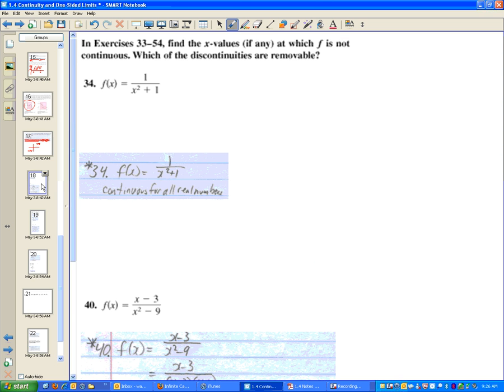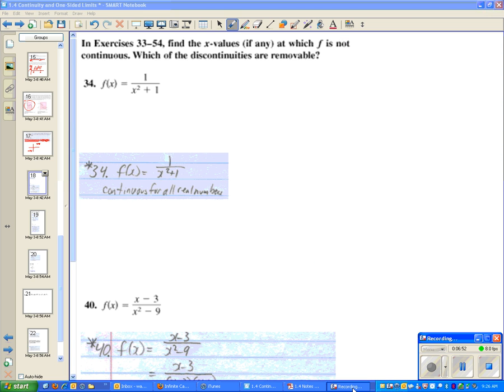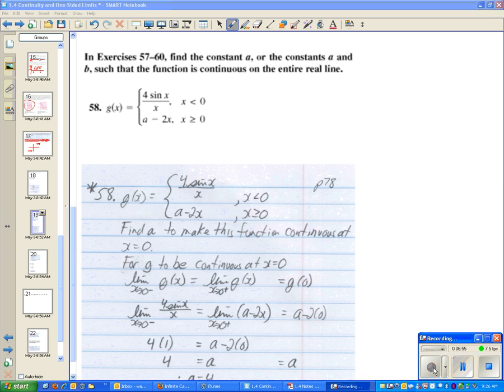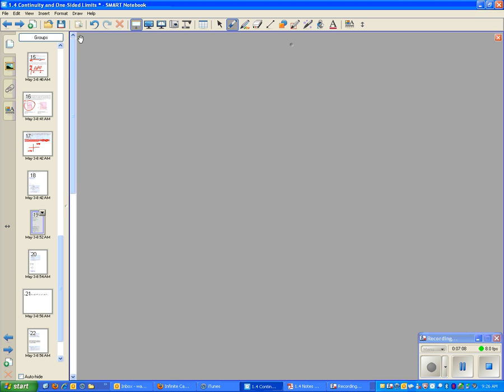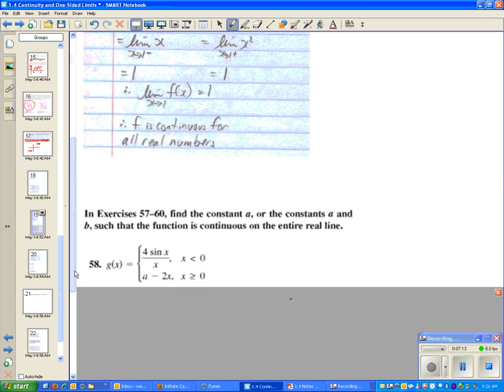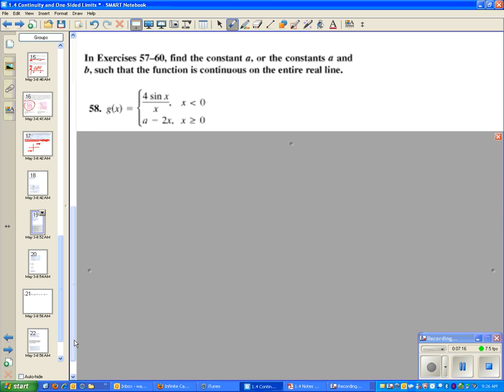All right, let's see here. Let's take a look at number 58. Number 58 is on page 80. The directions say to find the constant a, or the constants a and b, such that the function is continuous on the entire real line.